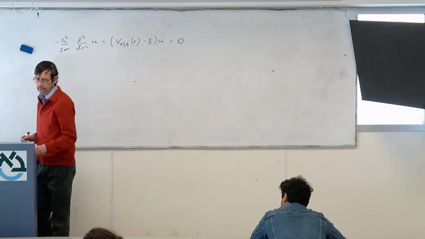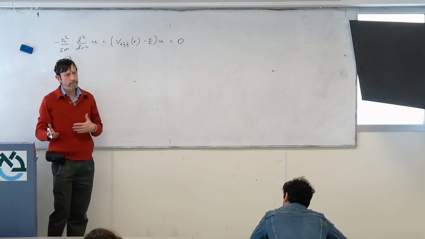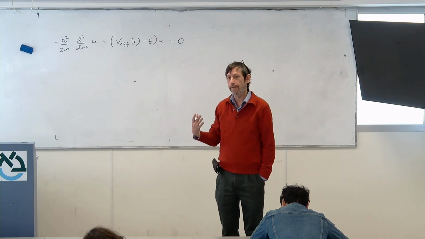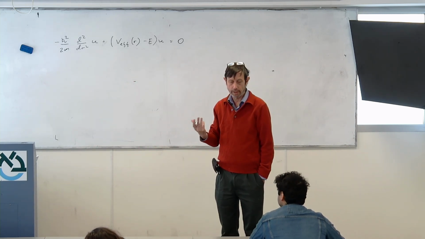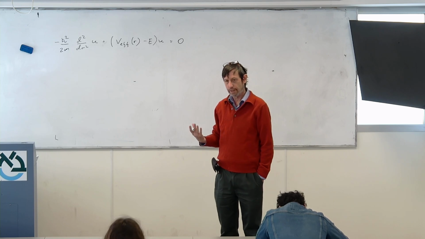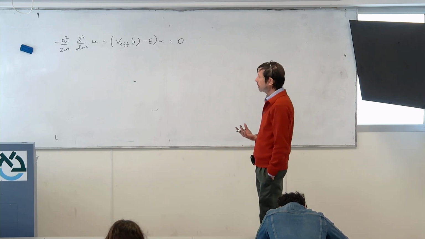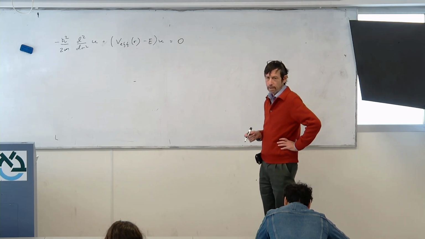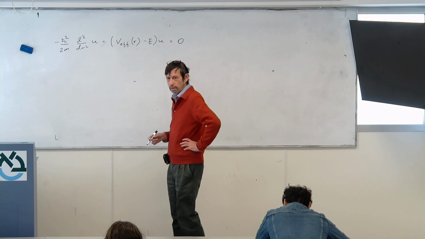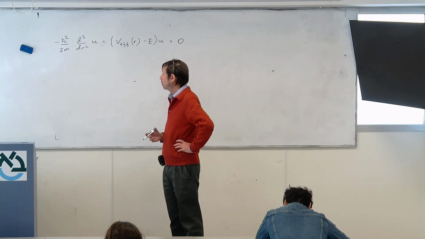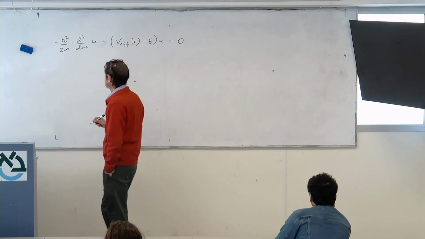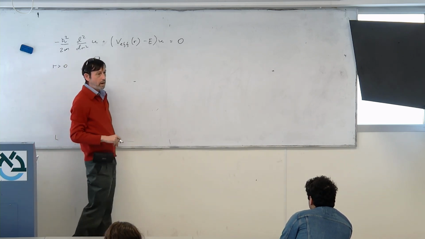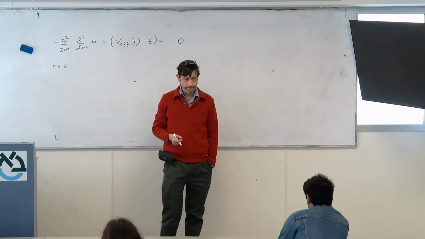So you remember that we defined a function u that depends on large R, which was the radial part of our wave function, and it's actually very similar to a regular one-dimensional Schrödinger equation, except for two things. One is that R must be larger than 0.